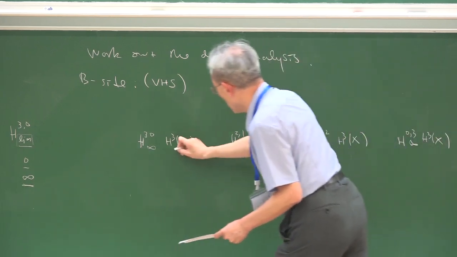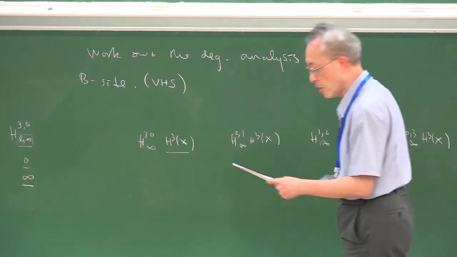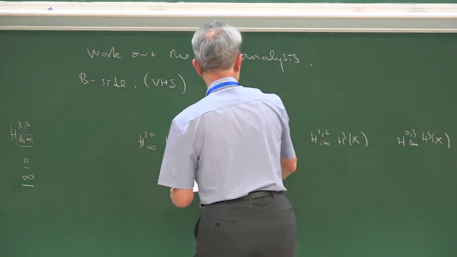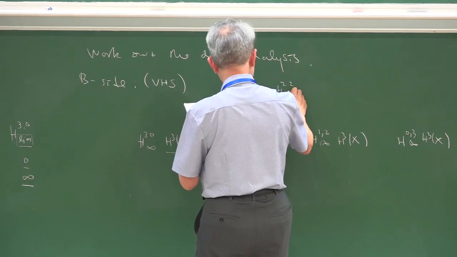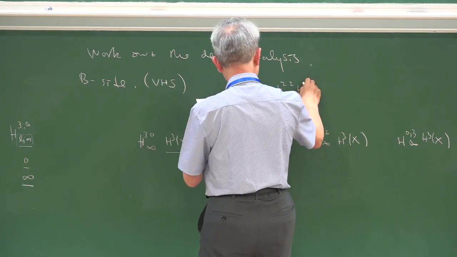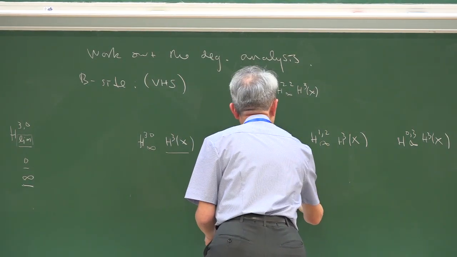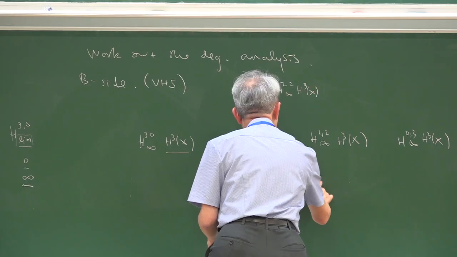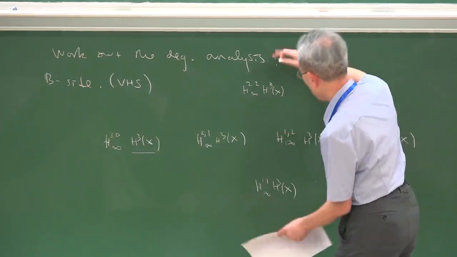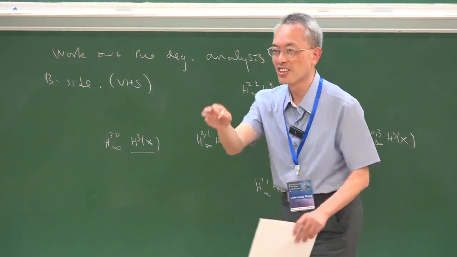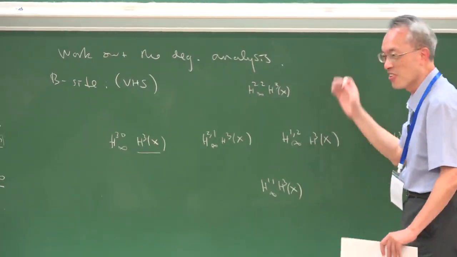So the middle cohomology will split into a mixed Hodge diamond, and the structure is you have something here, it's 2, 2, 3, 3, and you have 1, 1. I just noticed my place is different from your convention. You actually switch this, but I do it in this way.